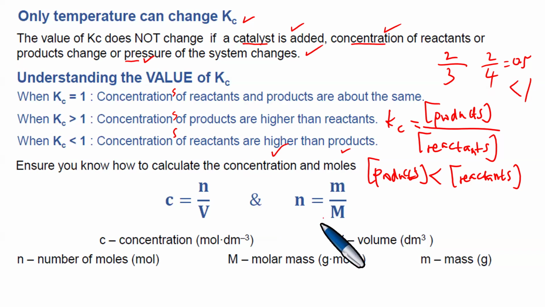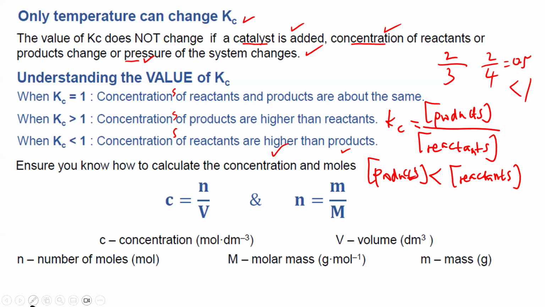It's mass over molar mass, so the mass in grams divided by molar mass in grams per mole. Number of moles is denoted by the lowercase symbol n. We're good. Now let us continue.